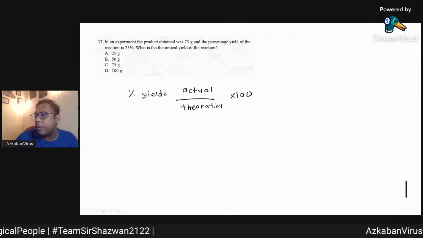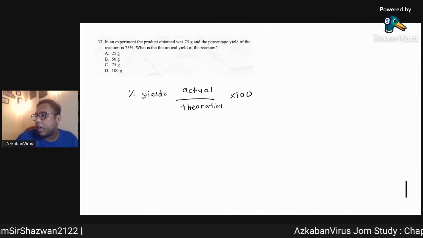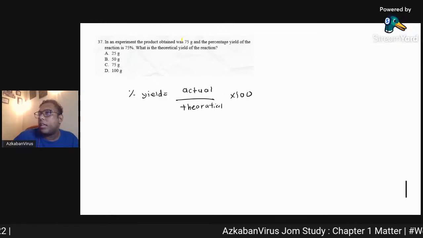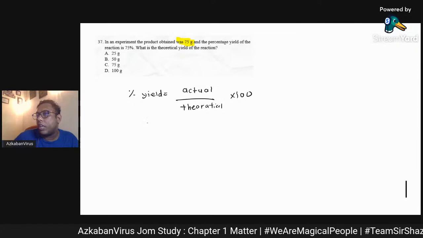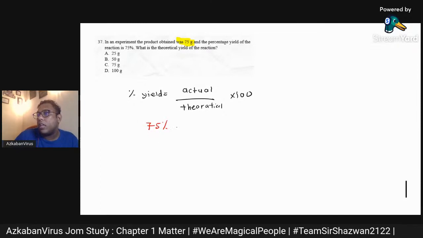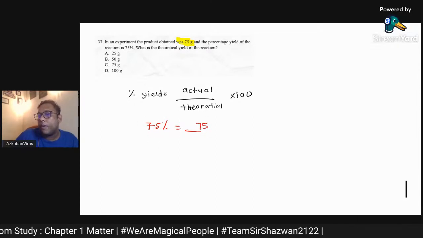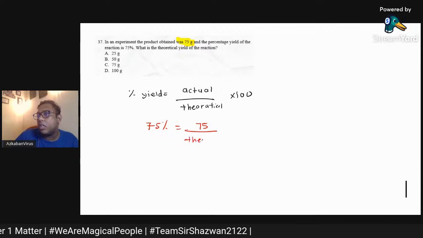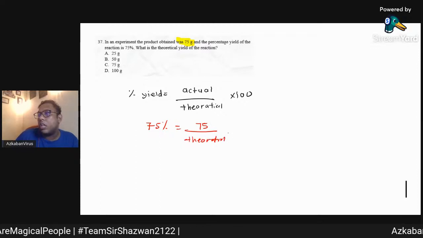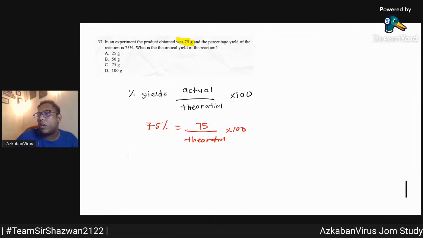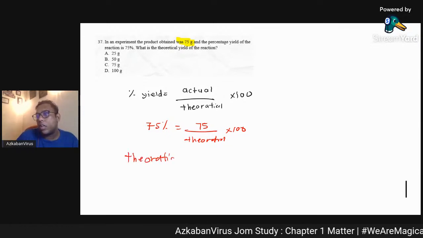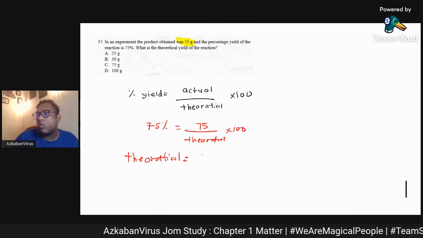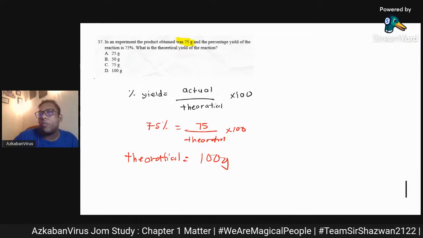Actual ni adalah yang diberi dalam soalan. So, kalau ini adalah 75%, ini adalah 75 bahagi theoretical darab 100, you akan dapat theoretical yield is equal to 100 gram. Jawapan dia adalah D.